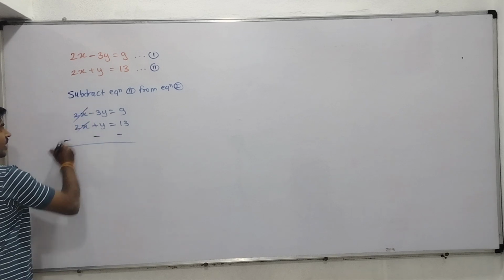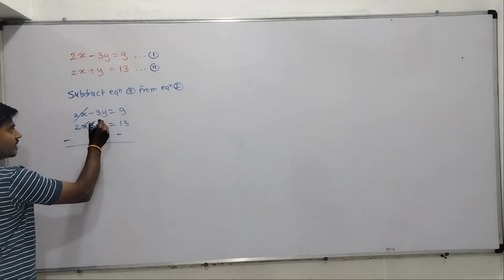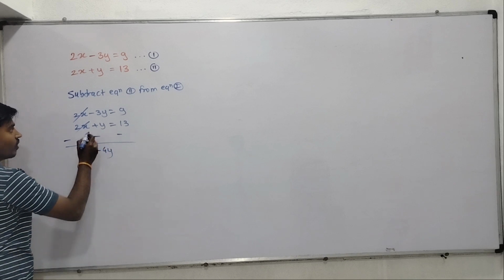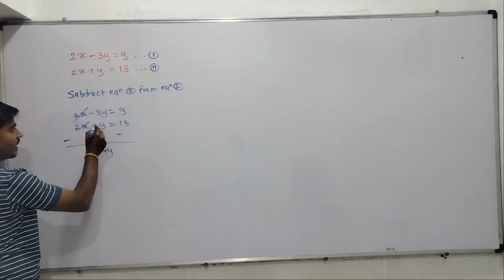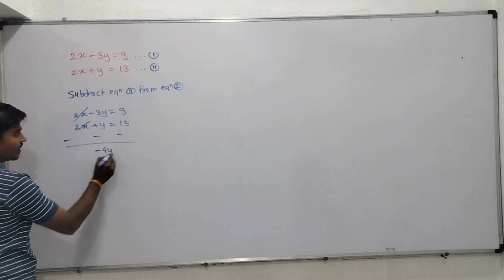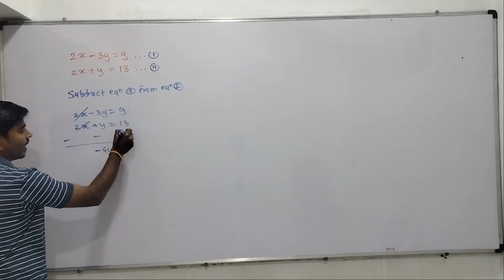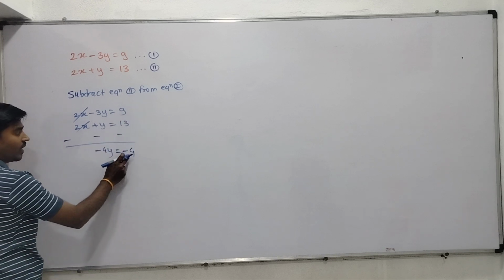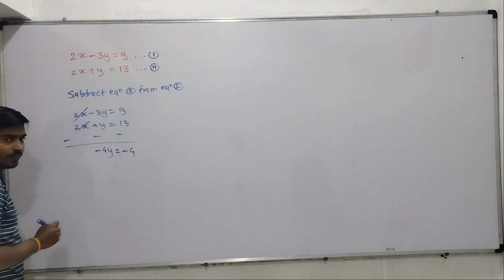So here 2x will be cancelled. Minus 3y and minus y will become minus 4y, because when two negative numbers are added, the answer will get a minus sign. Is equal to 9 minus 13 will become minus 4, because 13 is the bigger number, so the answer will get the sign of the bigger number.